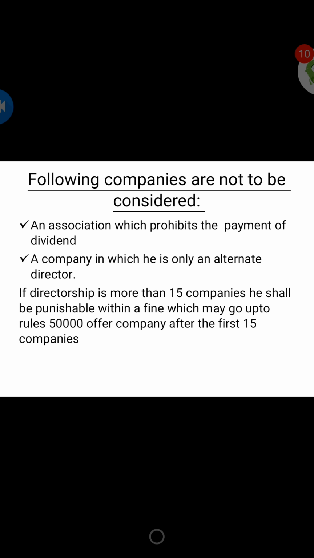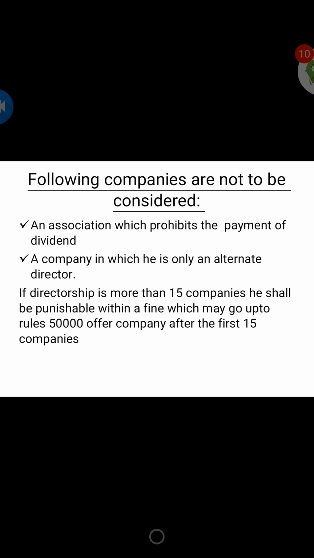If the directorship is more than 15 companies, and you hold the directorship in 15 companies plus a 16th company and do not vacate that office within 15 days, you are punishable with a fine which may go up to 50,000 per company after the first 15 companies.